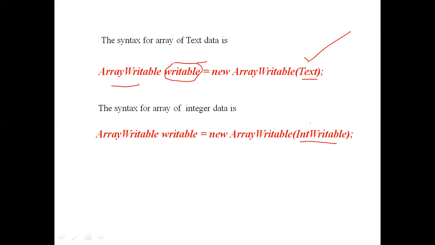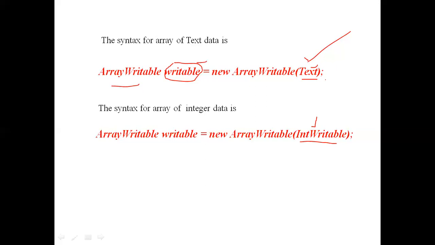It will accept all the values which belong to this int writable class. Here it will accept all the values which belong to this text class. That means the array writable will accept all the values which belong to the same writable instance, that means the same writable class, Hadoop writable data type class.